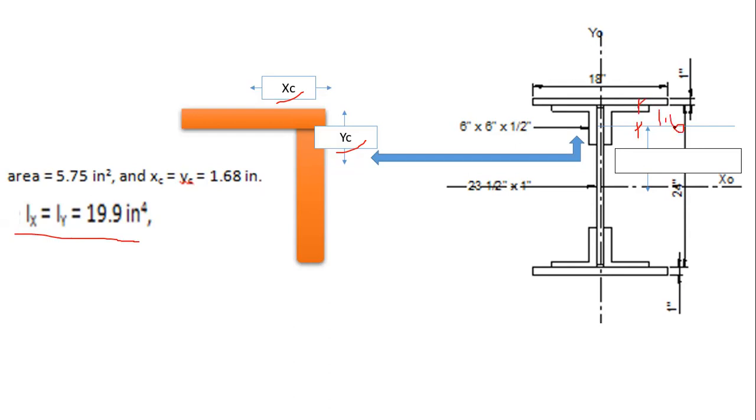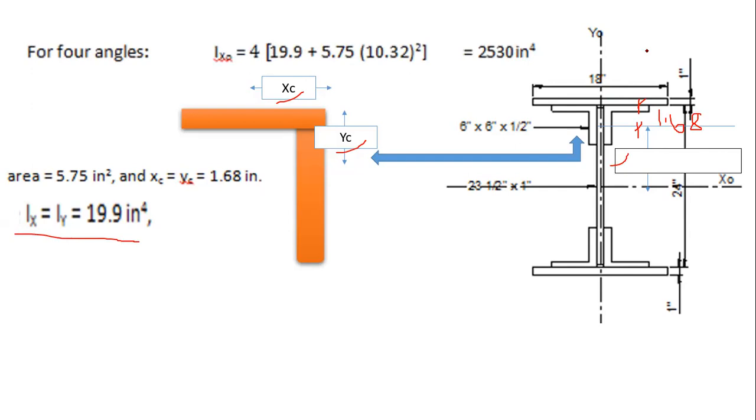So what would be our d? This here should be our d. It's 10.32. How is it possible? Starting from here, this is 12 going here, right? It's 12 minus 1.68.